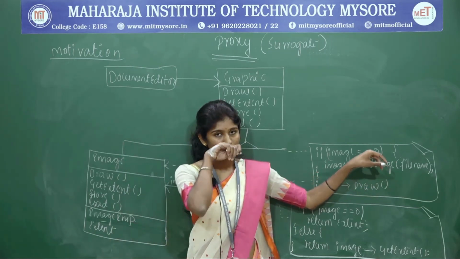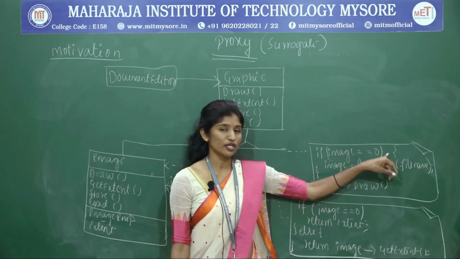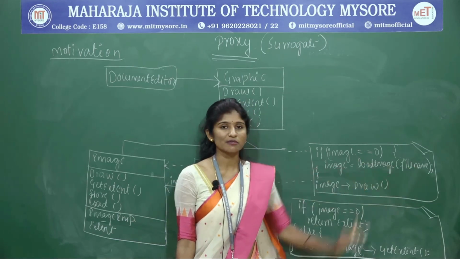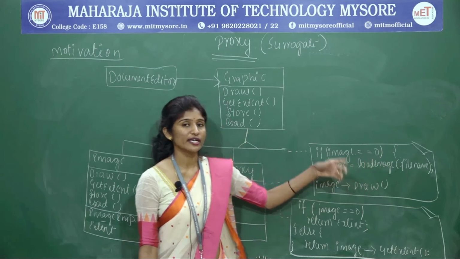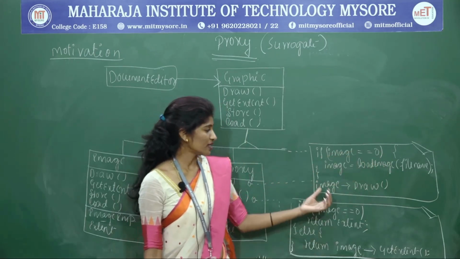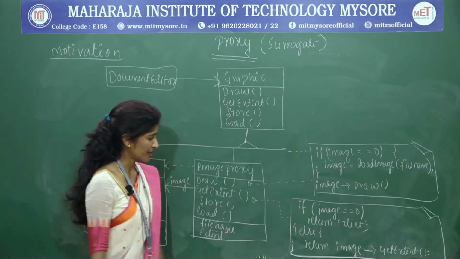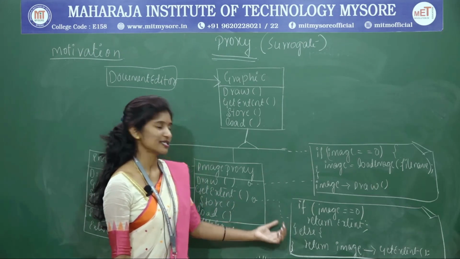So it is actually checking whether it is present or not present. If it is 0, which means not present, then you are going to load the image based on the file name as a parameter. If it is not 0, so it contains some values, then it is going to draw that particular image. Okay, so that is a draw operation, which means it is going to display. And then you have the get extend method.